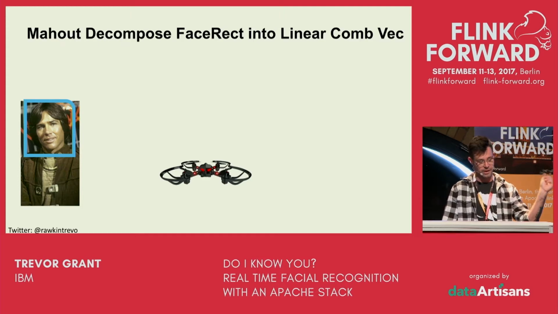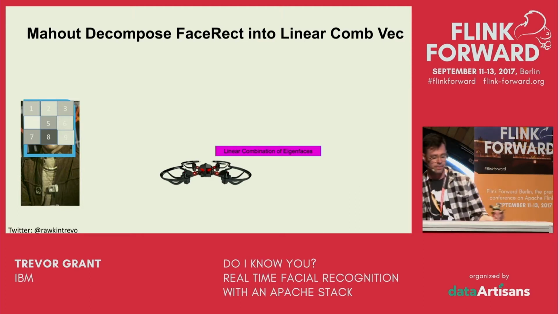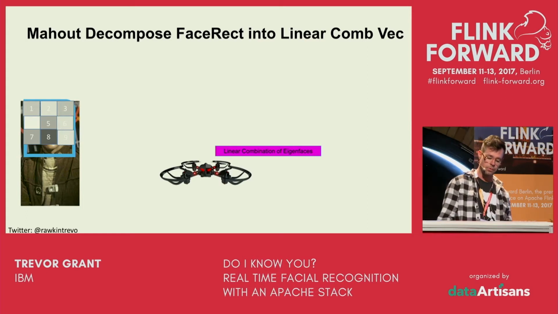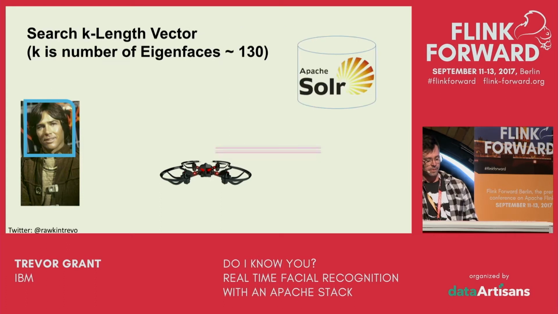We want to pick out the face and then decompose the face into a thing of pixels. We can do an ordinary least squares regression and decompose a linear combination of the Eigenfaces.